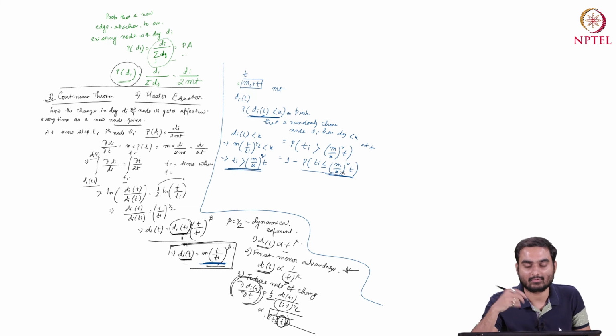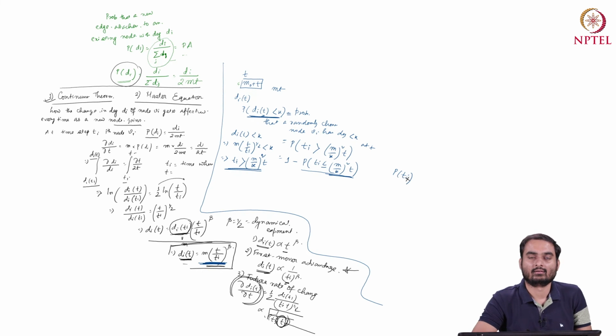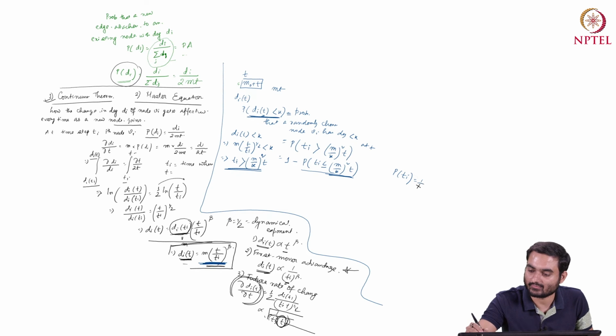So at every time, if you think of P(ti), what is P(ti)? The probability of a particular time ti, and this is uniform, always 1 by n, if n is the total number of nodes that we can expect at the end, because at every time we have one node joining in. So this is a uniform distribution, and this is cumulative.